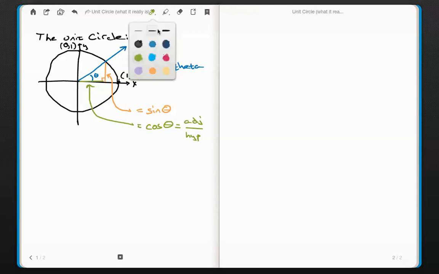So how is it that I'm just saying the adjacent side is the cosine? Well, that's because the radius of this guy here is 1. So if I'm saying adjacent over hypotenuse, and the hypotenuse equals 1, then really the cosine on the unit circle is just the length of the adjacent side.